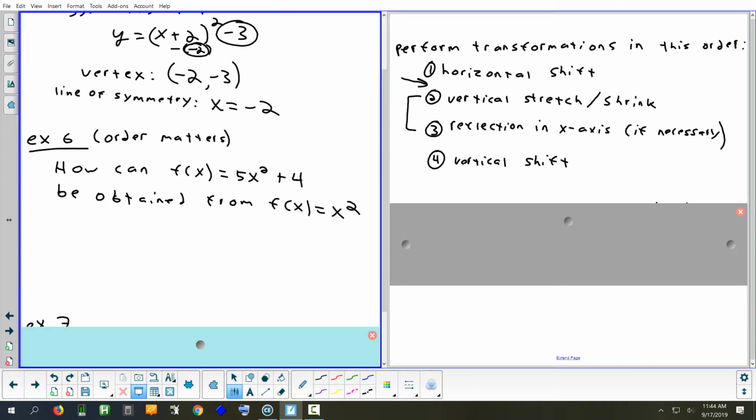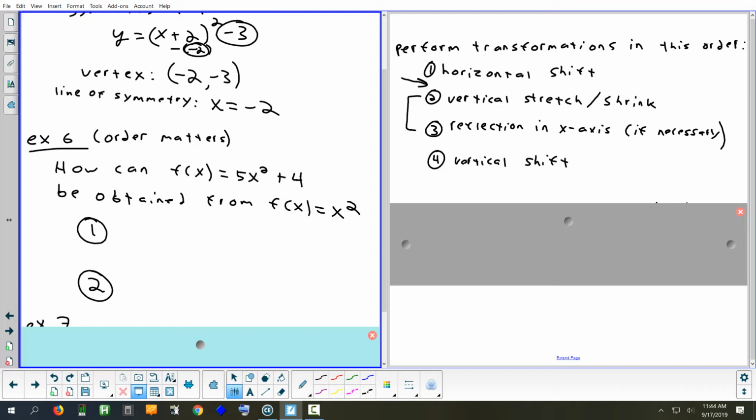Okay, so let's write down our transformations in this problem. How can we turn x squared into 5x squared plus 4? First thing is, can anyone tell me how many transformations I'm doing? You don't have to tell me what they are yet. 2. Yep, I'm going to do 2.